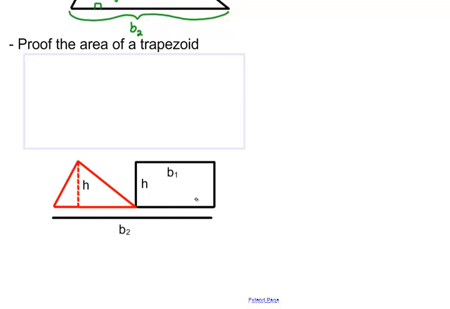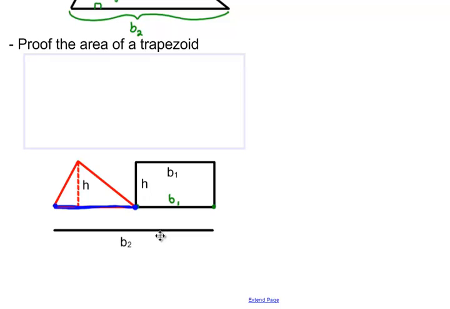My total is base 2, and this distance was base 1. Okay? And so now what we need to look for quick is, what's this distance right here? Well, that distance is equal to base 2 minus base 1.